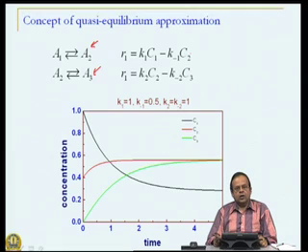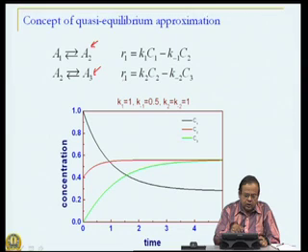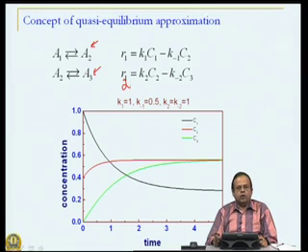R1 is K1 times C1 minus K minus 1 times C2. I am using the subscript minus to denote that it is a backward reaction, and same thing applies to second reaction R2, R2 equal to K2C2 minus K minus 2 C3.